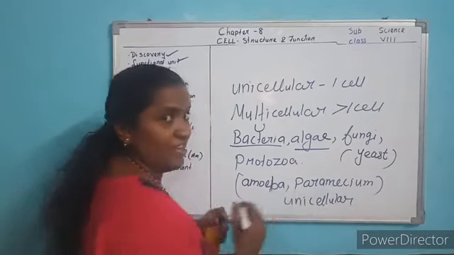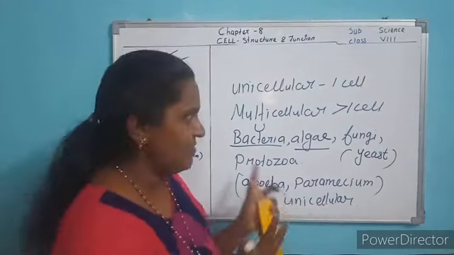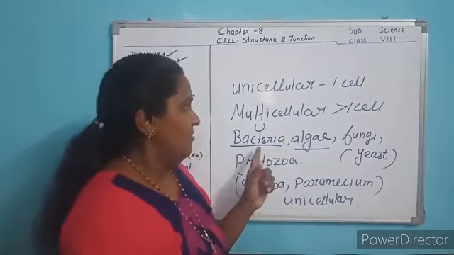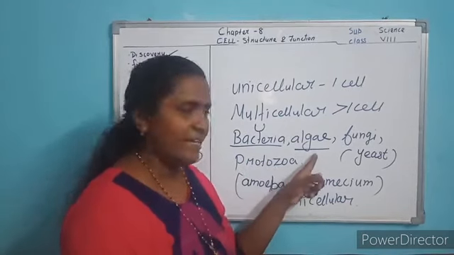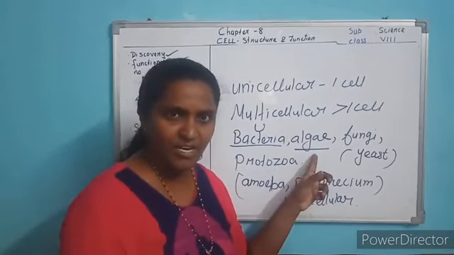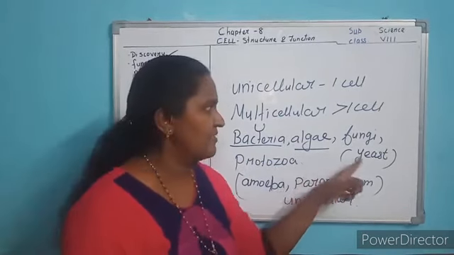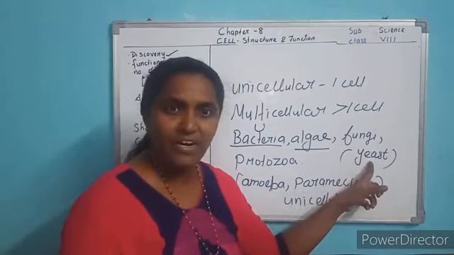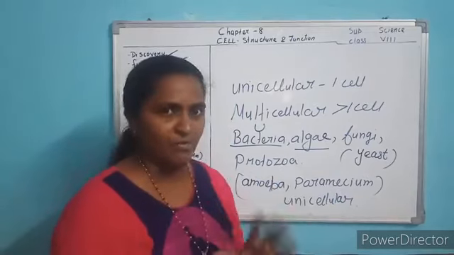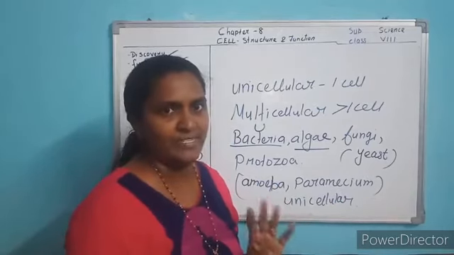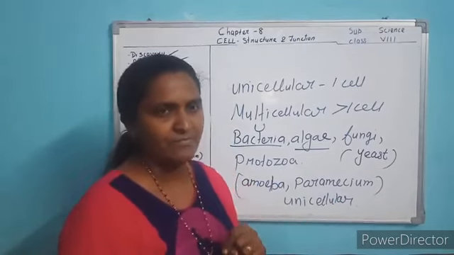If they ask for examples of unicellular organisms, you can write: all the bacteria, some of the algae like blue-green algae, some of the fungi like yeast, and the protozoa amoeba and paramecium. They have only one cell.